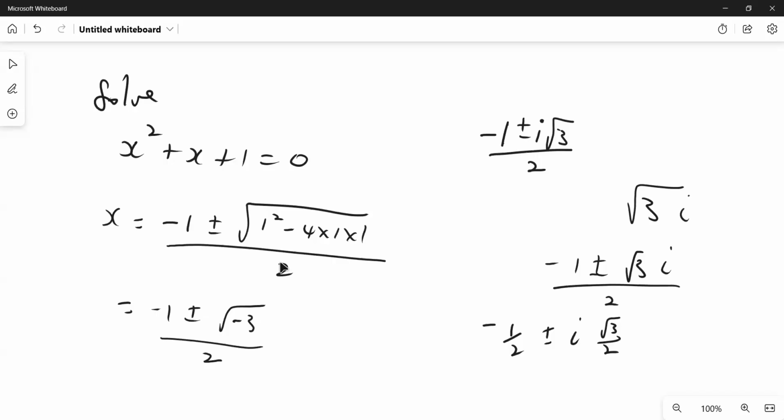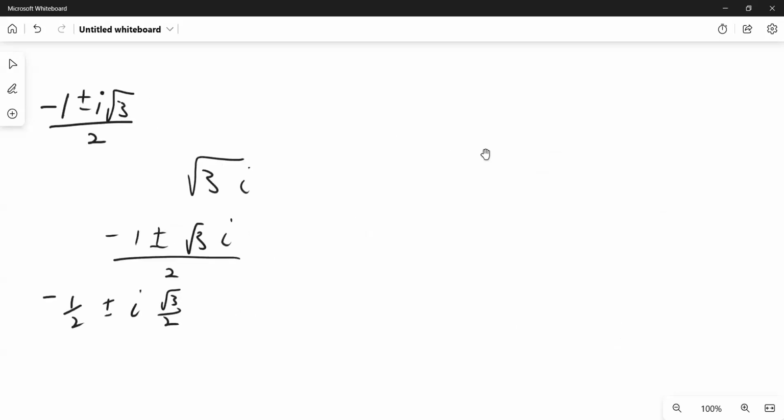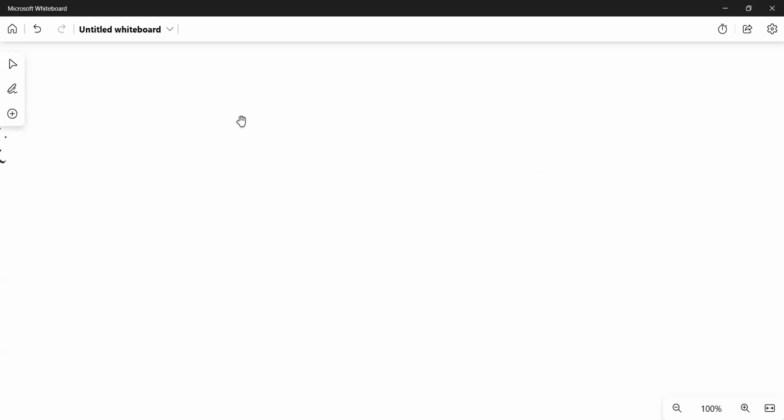So we now have a way that, when we were stuck with something like this, we didn't know what to do, right? Now we have a way of evaluating the square root of a negative number. As I think I also told you, if you have quadratics, remember we had one earlier, x squared plus 1 equals 0.